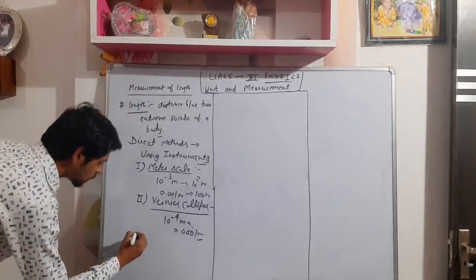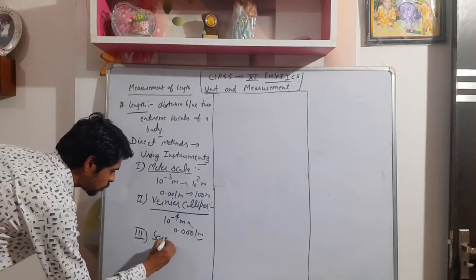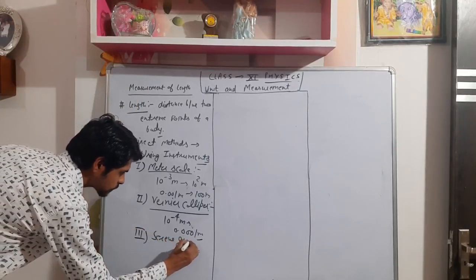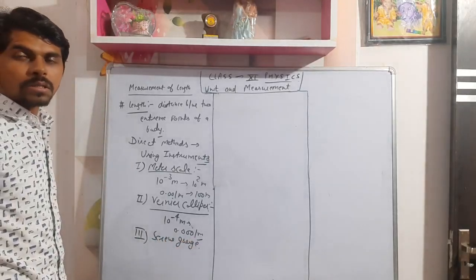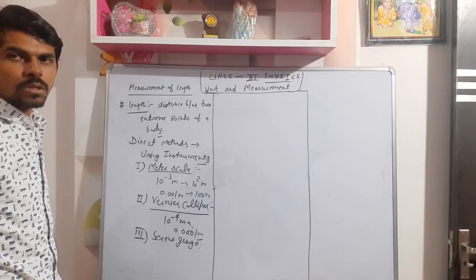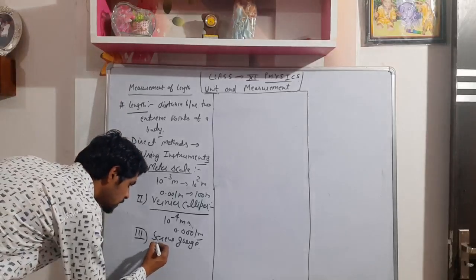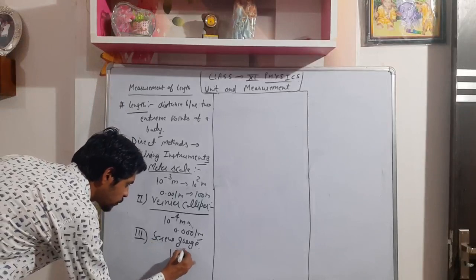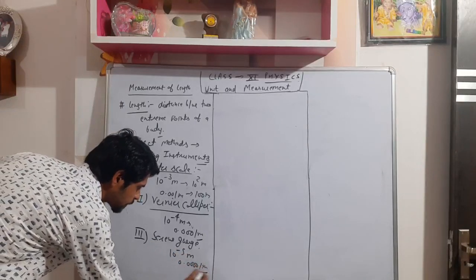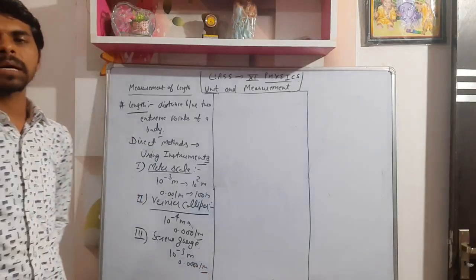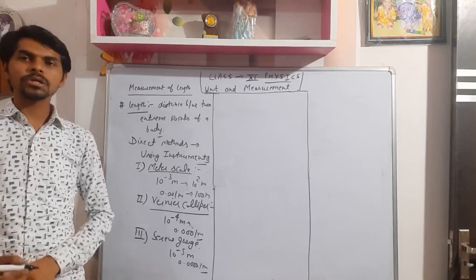Next, the third instrument that is also used is screw gauge. Screw gauge is another instrument that we can use to measure the length of a body. If we want to measure the length of a body up to 10 to power minus 5 meter, it means 0.00001 meter, for such a small length, what can we use? Screw gauge.